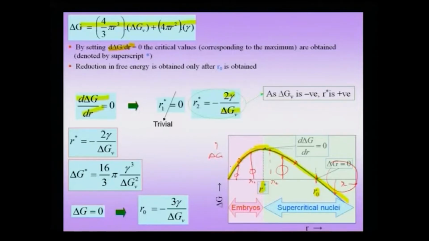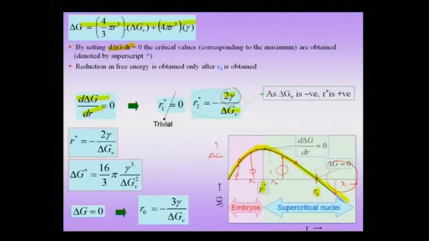So, r star is that critical radius above which the crystal will tend to grow. And we will note very soon that this r star itself lies in the nanoscale. This r star scales as gamma, that means, the larger the interfacial energy, the larger will be the size of r star, which can grow downhill in Gibbs free energy.